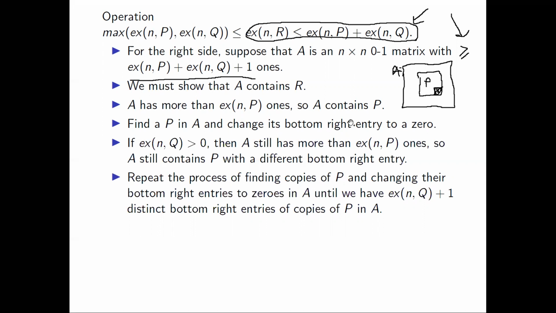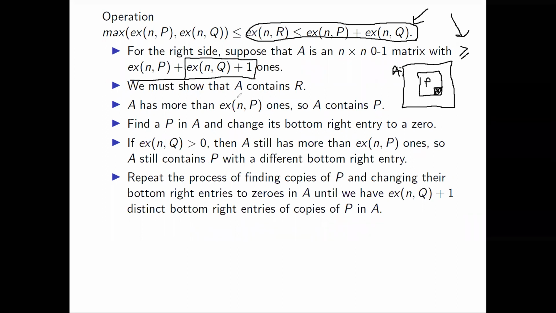So we can repeat the process of finding copies of P and changing their bottom right entries to zeros in the matrix A until we have ex(n, Q) plus 1 distinct bottom right entries of copies of P in A.